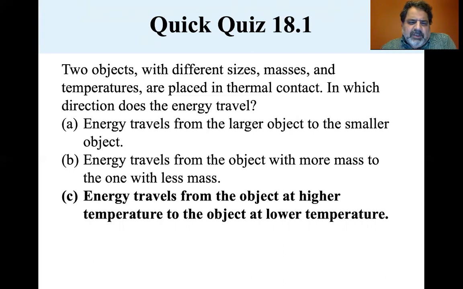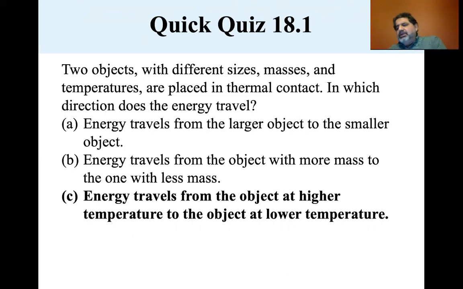So if you just brewed some hot tea and you put ice cubes in it, it's not that the ice cubes are cooling off the tea by the energy transfer going from the cold ice cubes to the hot tea.